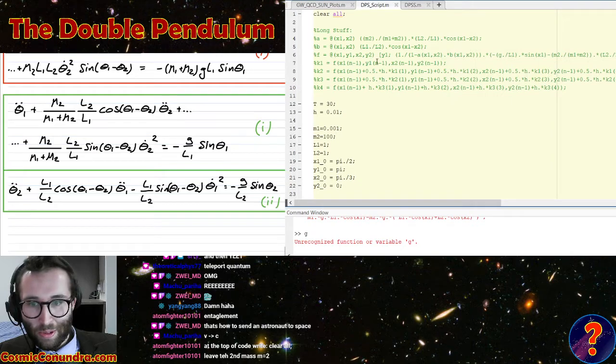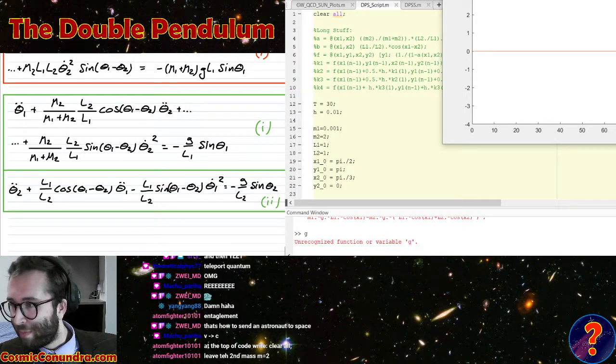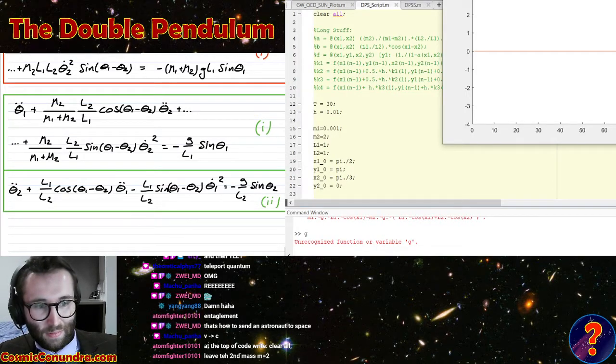At the top of the code, it's already clearing it all up here. I think it's fine. All right, let's leave the second mass here, M2, and see what happens. Again, wow, that's even worse. This is like the cosmological constant, order wrong. Crikey.